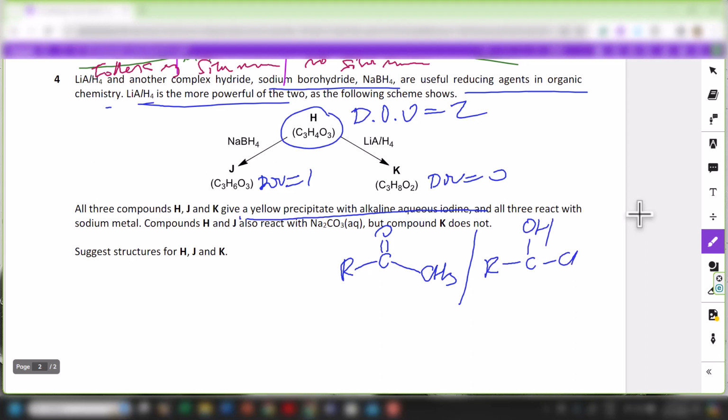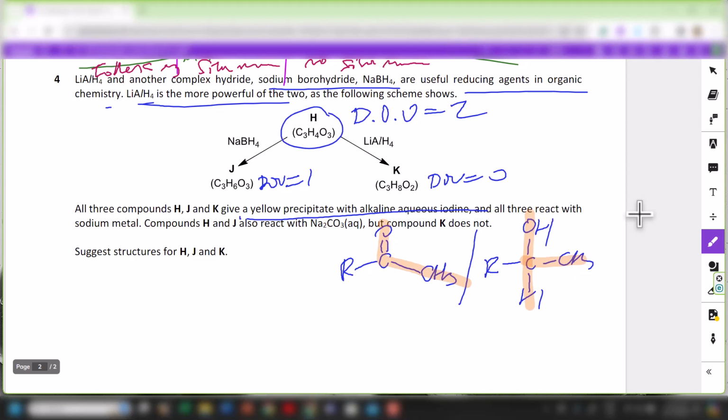If you reduce a methyl ketone, you will get a methyl alcohol, and both of them will give you a positive iodoform test. So you can be extremely confident that H contains this, and you can also be confident that J and K probably contain this, in order for you to get the iodoform test. That is something you need to be aware of.